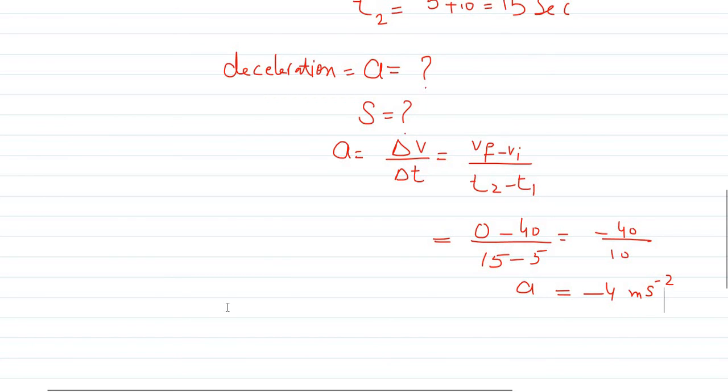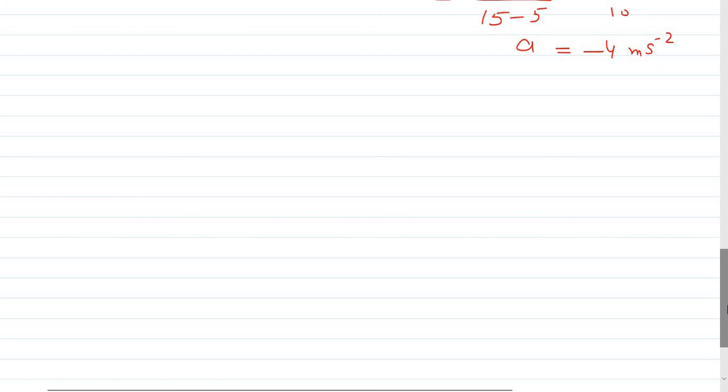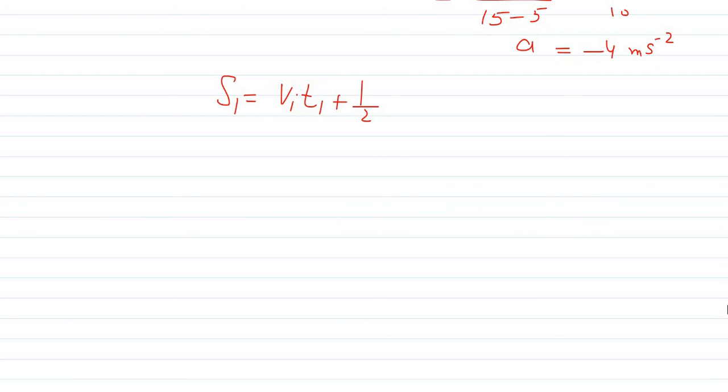Now we find distance traveled during 5 seconds, that is s1, equal to vit1 plus 1 over 2 at1 square.